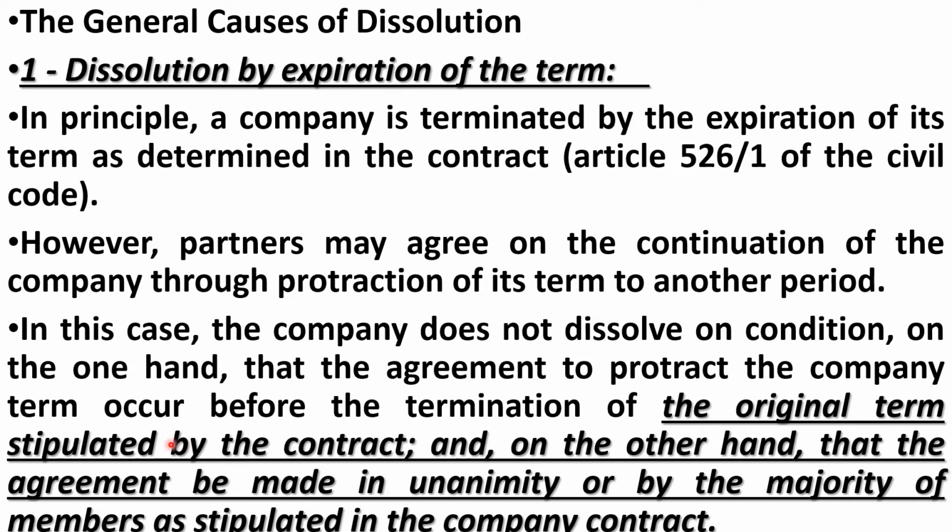The original term is stipulated by the contract, and on the other hand, the agreement may be made by unanimity or the majority of members who want to finish the term or to finish the formation of the contract or to delete the company.